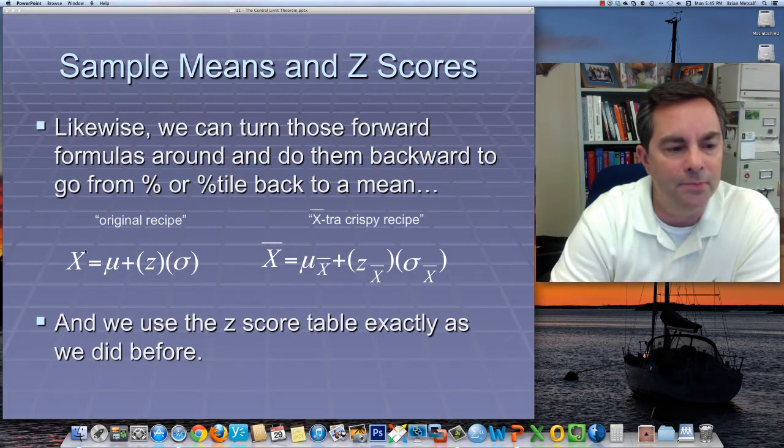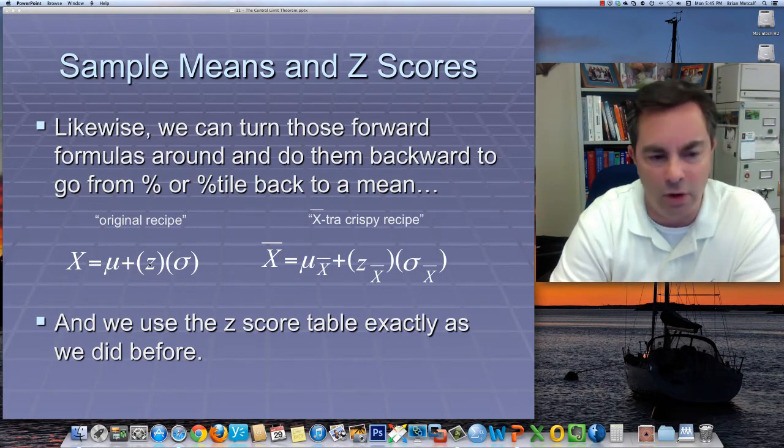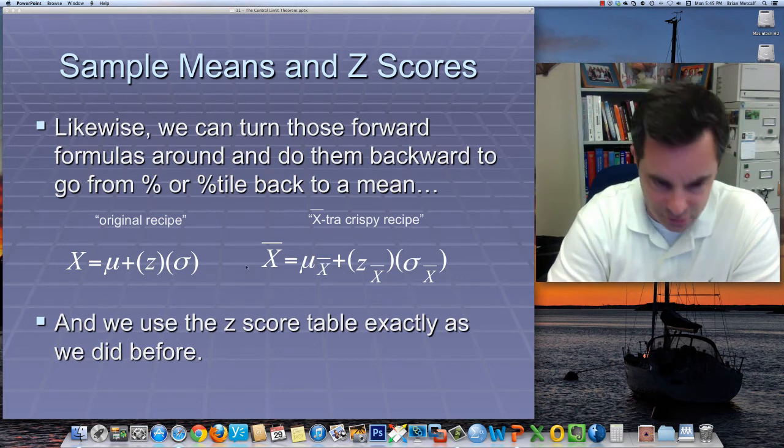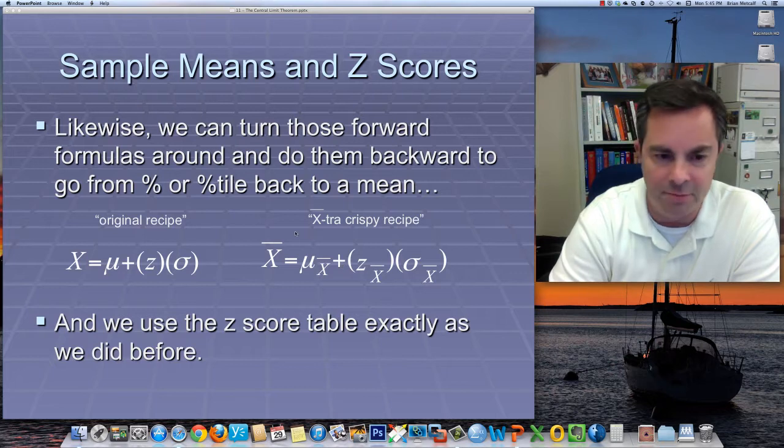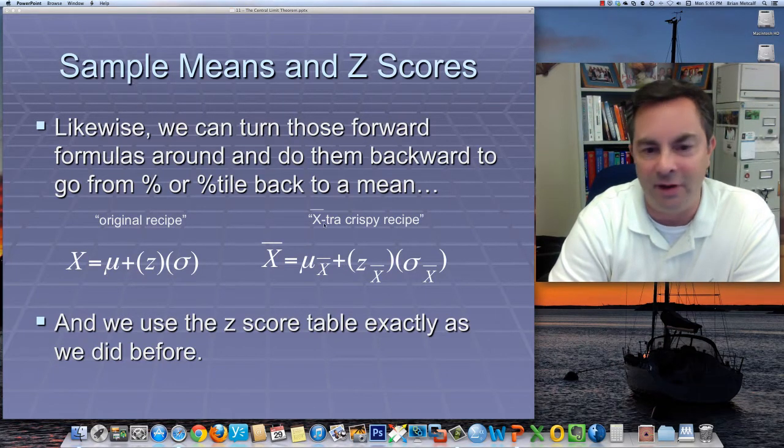We went backward with the original formula doing that. So now we were solving for X, and we plugged in what we knew here: the population mean, the z-score, and the standard deviation. Well, likewise, in the last formula, I added X bars all over the place. So now this is our extra crispy backward formula for figuring out what the sample mean is.